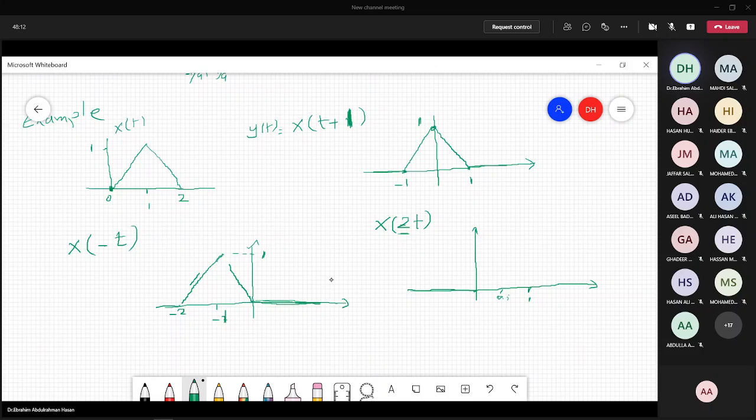So at 0.5, it will be 1, and that 1 will be equal to 0. Okay, and if we say that it is 5 multiplied by, so you just need to scale it, 1 multiplied by 5, which is equal to 5.